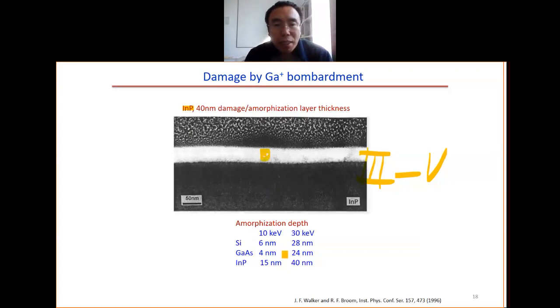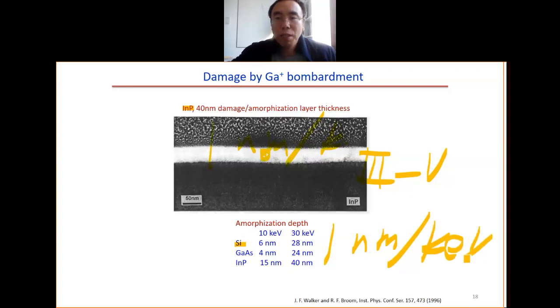For the case of silicon, 10 keV gives 6 nanometer, and 30 keV gives 28 nanometer. As we talked about earlier, it is roughly 1 nanometer per kilo electron volt. So 30 kilo electron volt will penetrate about 28, 30 nanometer.